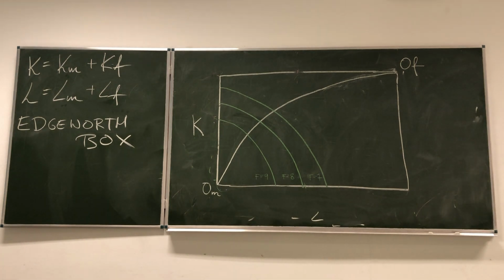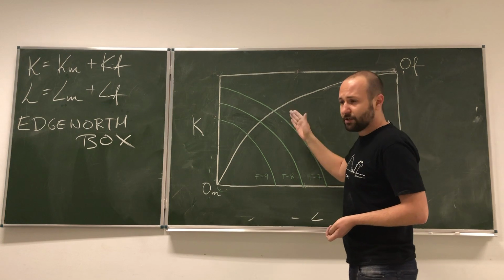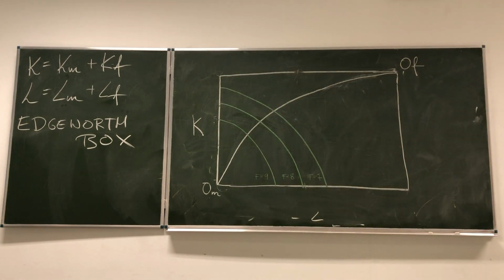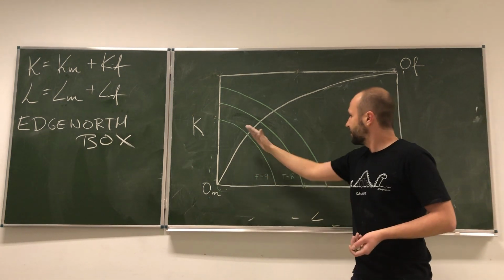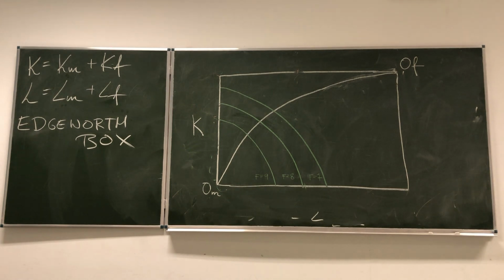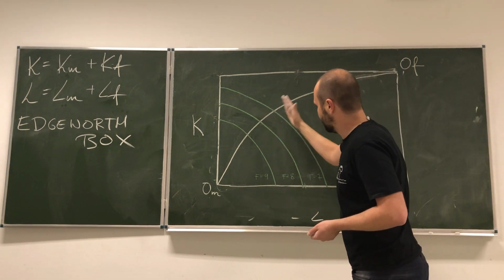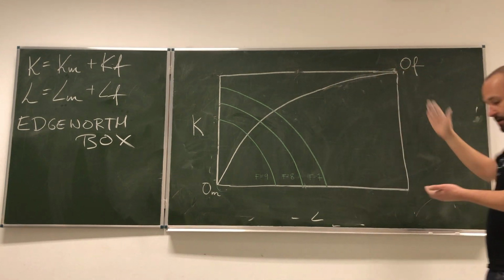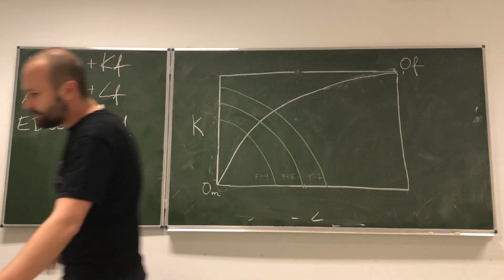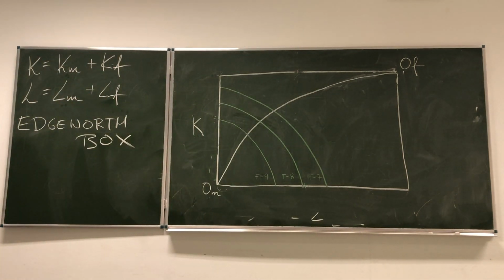And the same is of course true for manufacturing. The further and further I go with each isoquant for manufacturing, the more and more units of manufacturers I can produce.